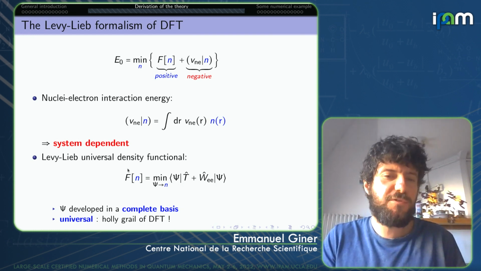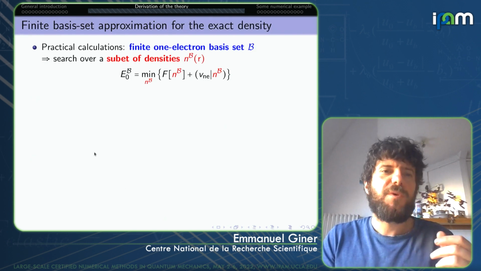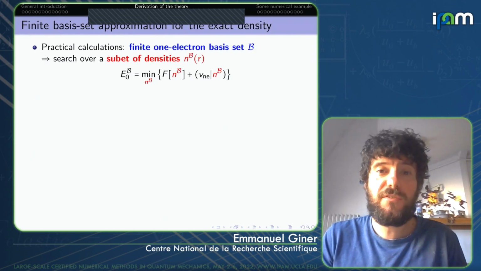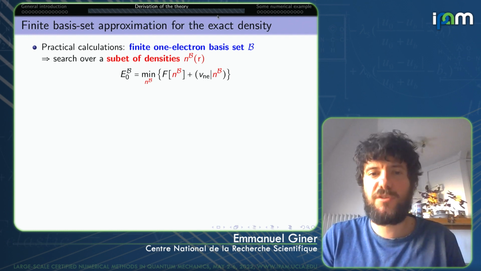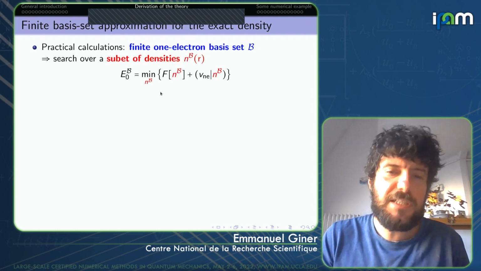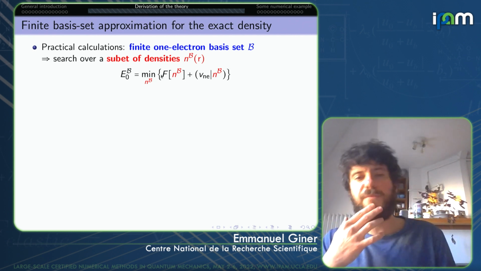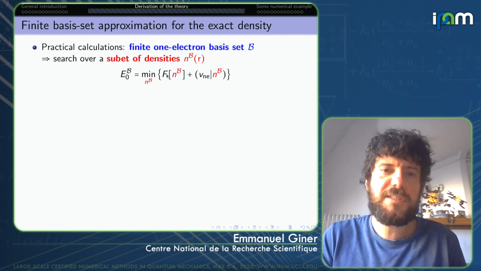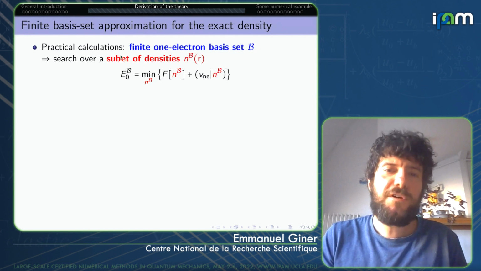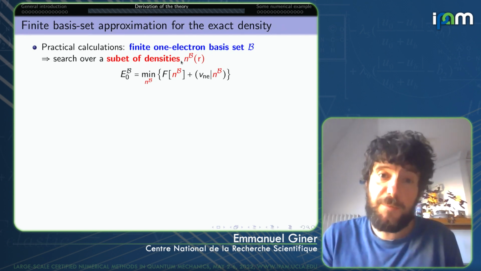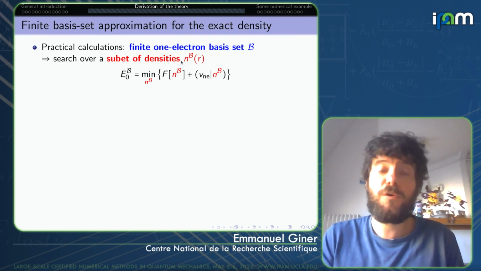A good friend gives you that functional. But in practice, you're still going to perform calculations in a finite one-electron basis set. So even if you knew F, the Levy-Lieb functional, you would perform this minimization over a subset of densities, which I call n_B, which are representable in your basis set.